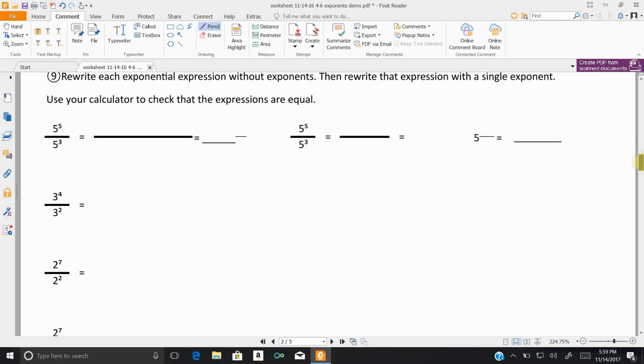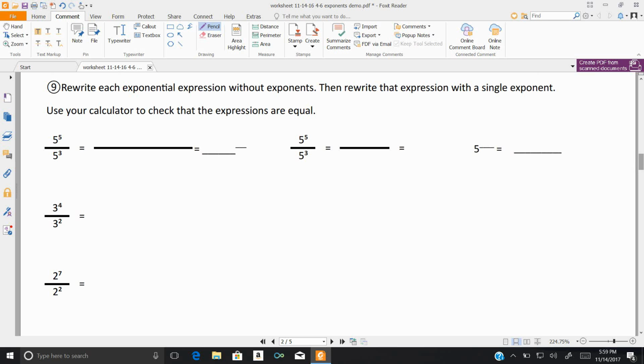Next, we're going to look at division when we're dividing exponential expressions. So rewrite each exponential expression without exponents, then rewrite that expression with a single exponent. Use a calculator to check your work. So the first one, I have 5 to the 5th power.